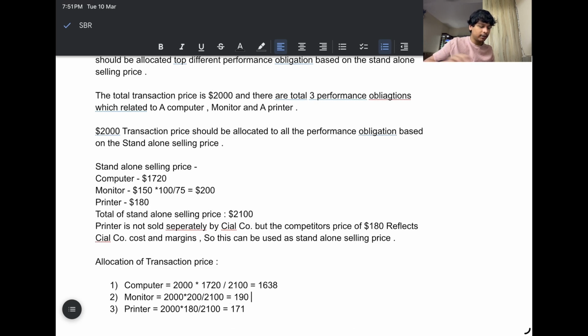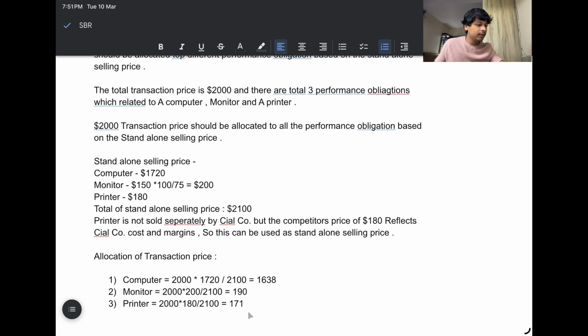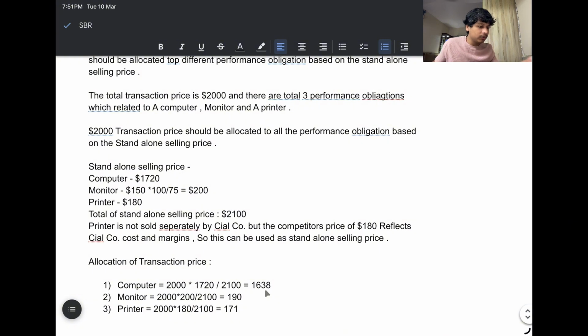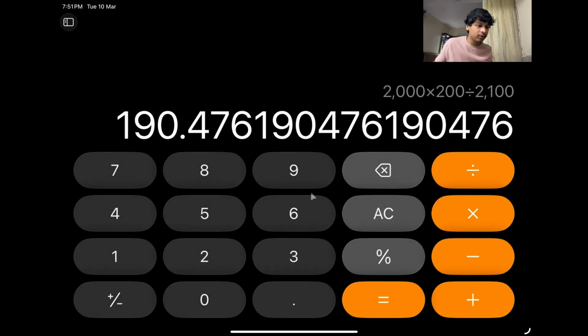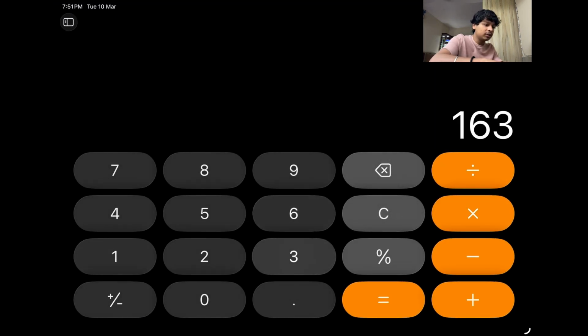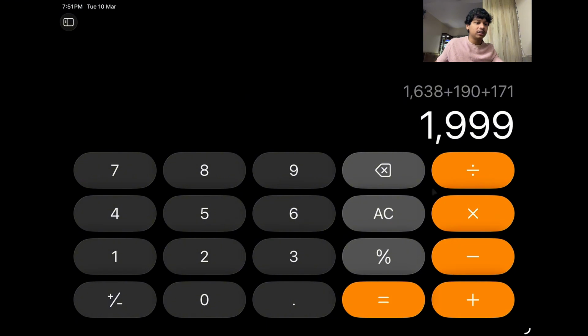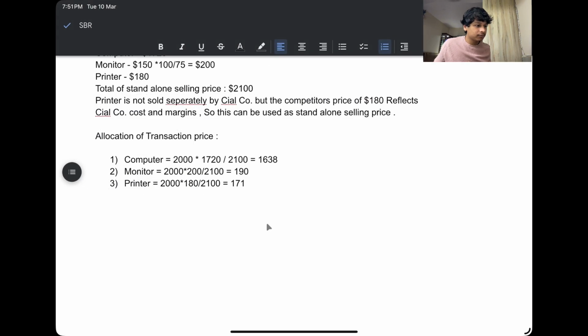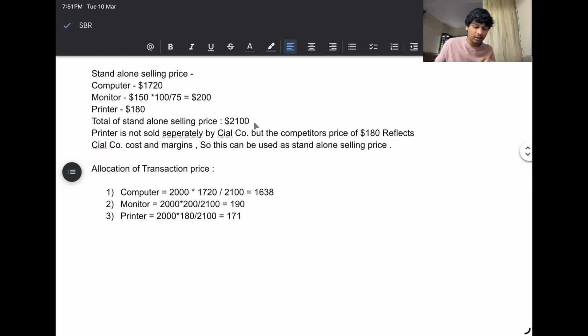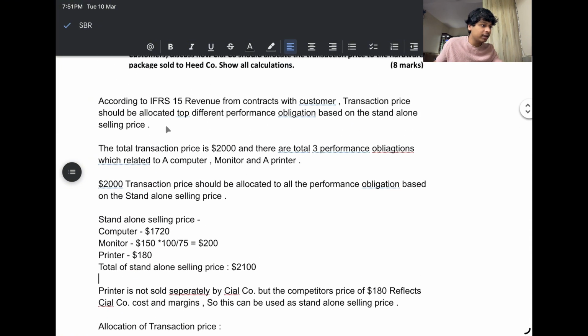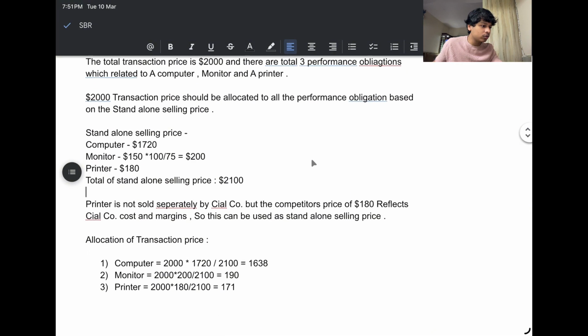So let us total this: 1638 plus 190 plus 171, which comes approximately to 2000. That is fine. Now this is correct. We have allocated the transaction price, shown all the calculations, written our explanation, and written what should be done according to the standard.